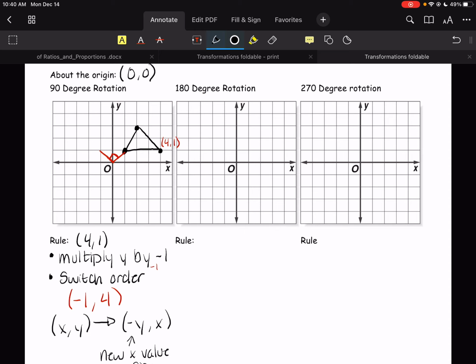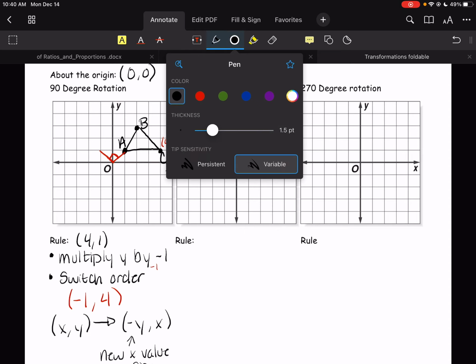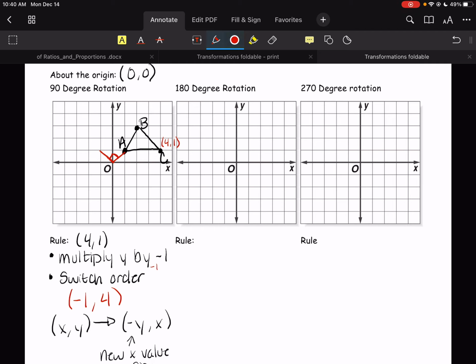So if I was to actually rotate this particular figure, I'm going to label my points as A, B, C. So my new value then is going to be -1, 4. So that is my new C, and I'm going to use that apostrophe so that I know that is my new coordinate. And I'm going to do this with each of those coordinates. So A is 1, 1.